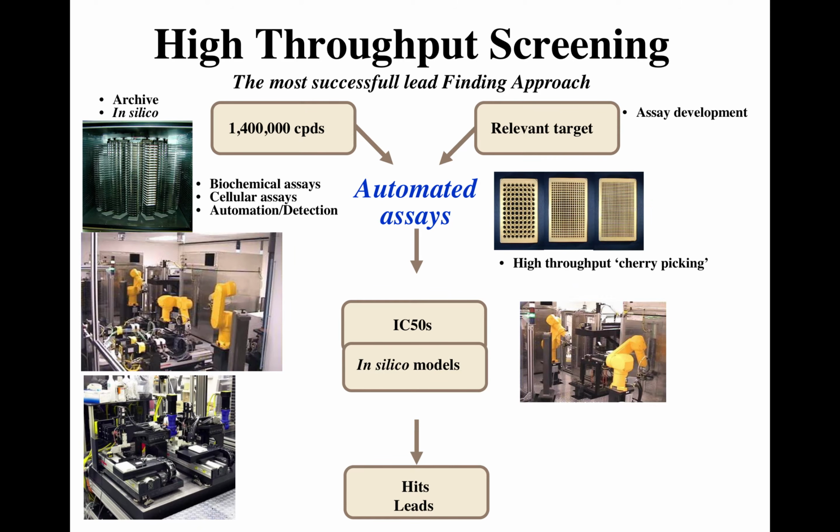In some cases, the compound will have an effect where it quenches the UV absorbance of the indicator, and by quenching the absorbance of the UV indicator, it gives us a way to determine if there's any activity of these compounds on the related target.